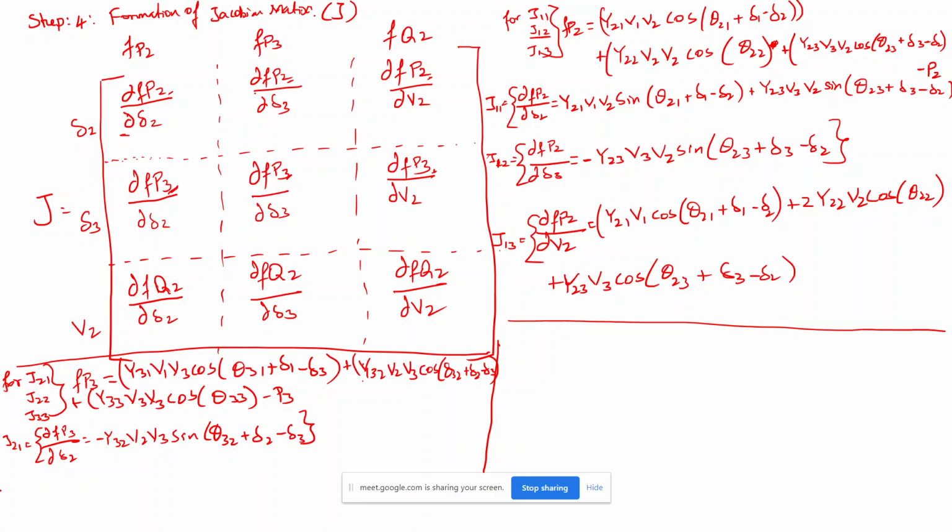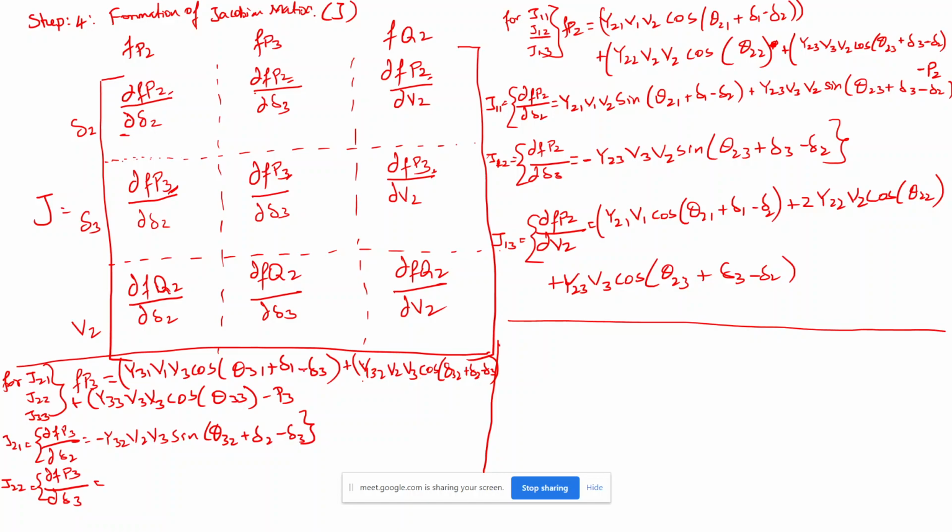And what about J22? J22 is dou FP3 divided by dou delta 3, and delta 3 is available in the first and second components. In the third it is not available, so first two only I will get.